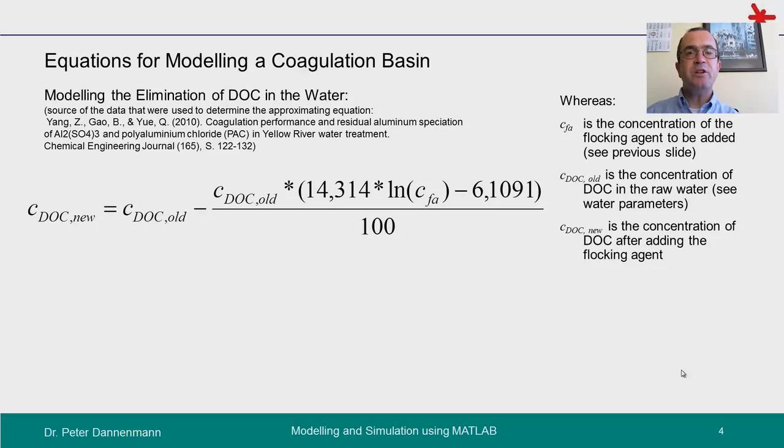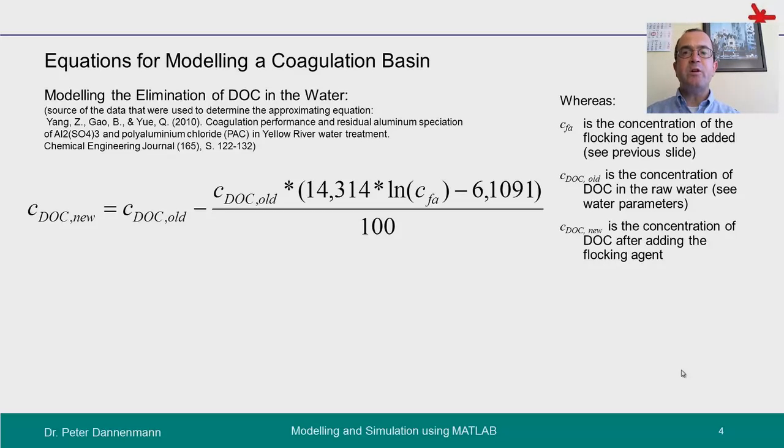The precipitation reaction caused by the coagulation also eliminates previously dissolved organic substances from the water. This leads to a decrease in the concentration of dissolved organic carbon, or abbreviated DOC.